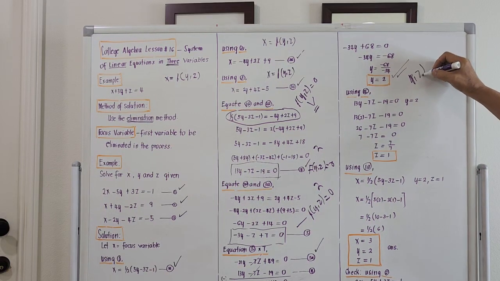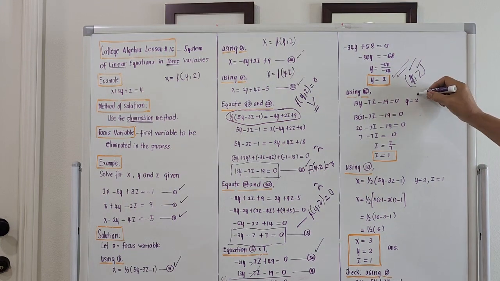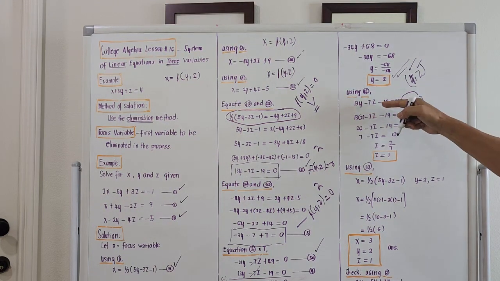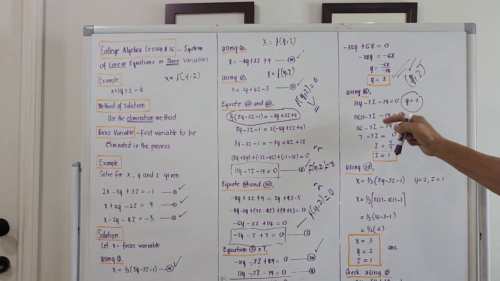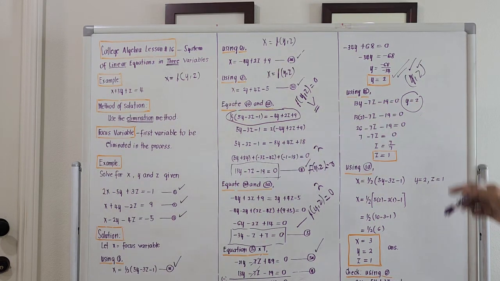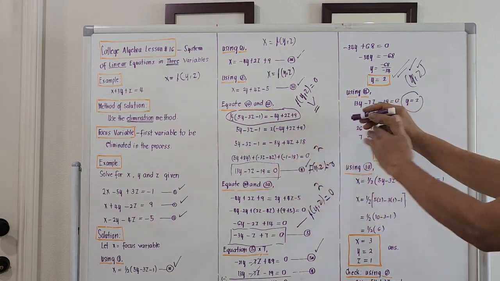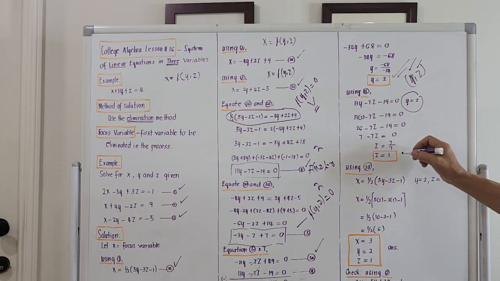We now know y. So to compute for z, I just put the value of y equal to 2 here. So this is 13 times 2 minus 7 times z minus 19 equal to 0. If we simplify this, the value of z will be positive 1.